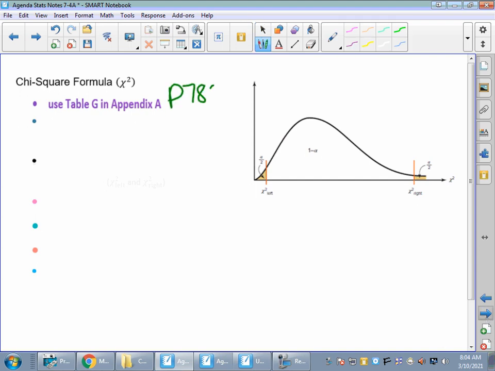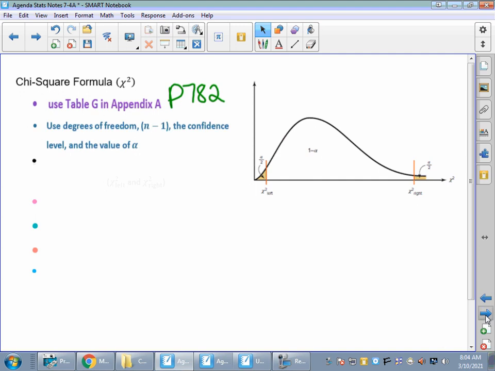It's a one-page table, and it's right after our T table, our T distribution. We use degrees of freedom, so our n-1, which we know, df equals n-1. We use our confidence level still, and we use alpha. Remember, alpha comes from our confidence level. We can go back and forth between them.